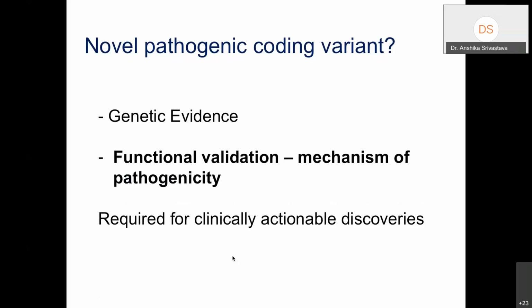For genetic evidence, we have already shown how we identify the genes through whole exome sequencing. Once we identify through whole exome sequencing, we can do Sanger validation. And once we do Sanger validation, then we move on to functional validation for mechanism of pathogenicity.